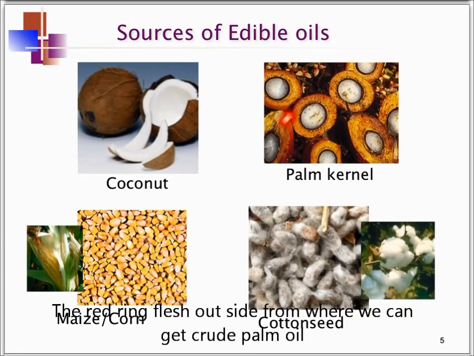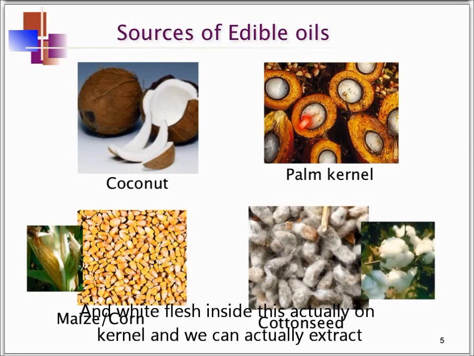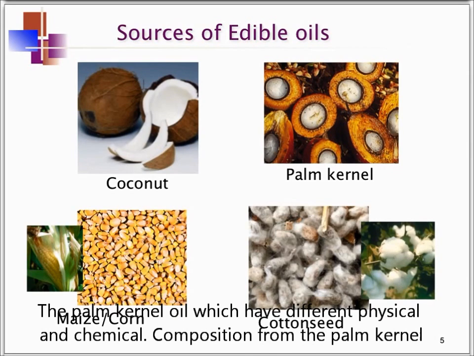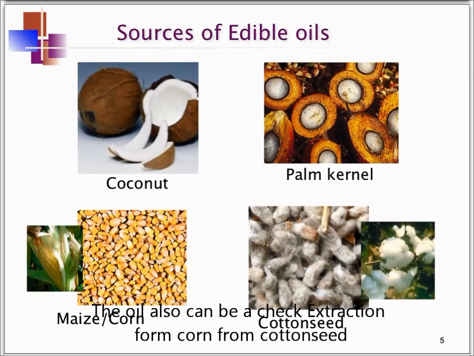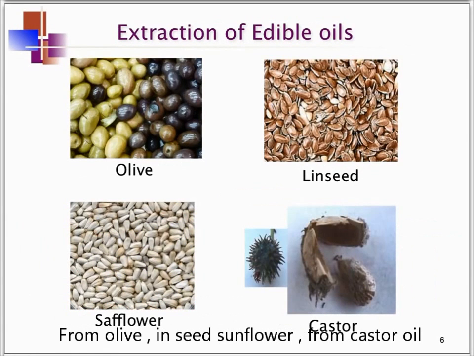The red, the orange flesh outside is where we can get the crude palm oil, and the white flesh inside is actually the palm kernel, and we can extract the palm kernel oil, which has a different physical and chemical composition from the palm oil. Then oil also can be extracted from corn, from cotton seed, from olive, linseed, sunflower, safflower, and from castor oil.